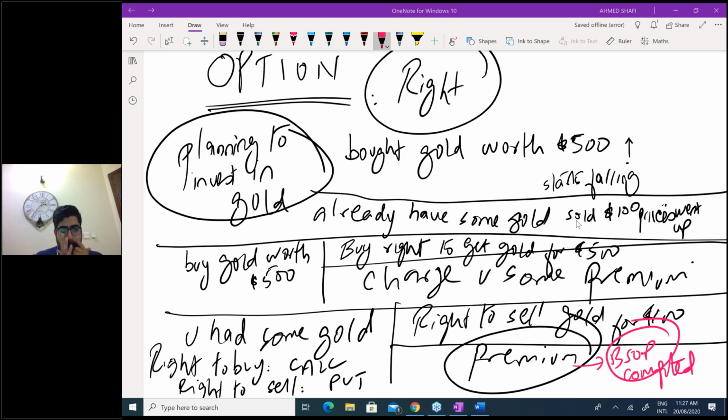You can't rote learn when we exercise or leave when prices fall or rise. You have to think carefully. Let's suppose you took a right to buy gold for $100 and the prices became $150. How will you earn a gain? You had the right to take it for $100 and it became 150, so you will exercise your right to get it for 100 and then sell it in the market for 150 and earn a gain.